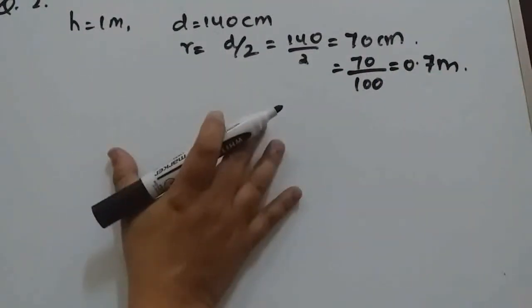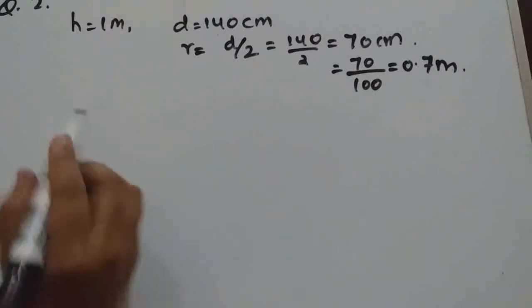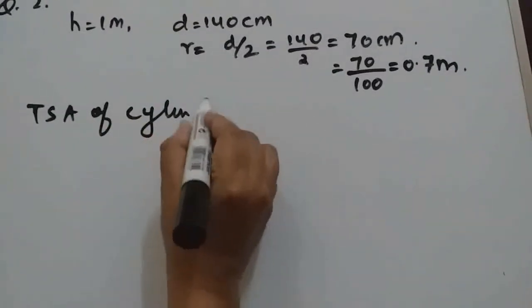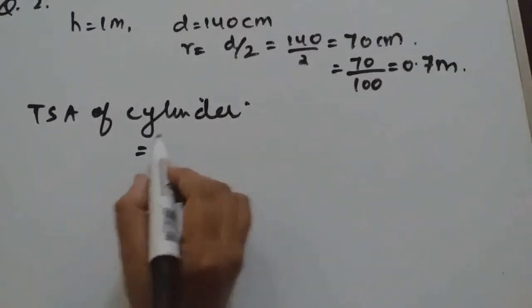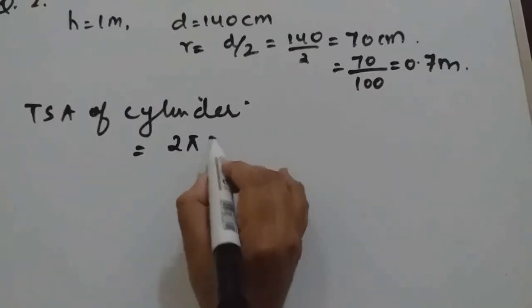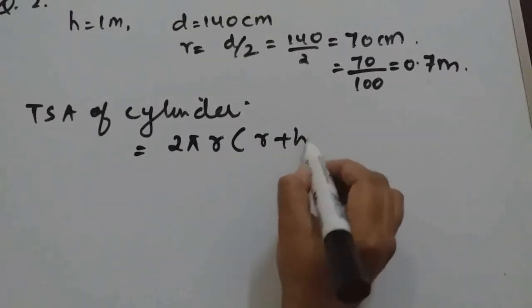Now the question is: how many square meters of sheet are required to make the cylinder? That means we need to find the total surface area of the cylinder. So we write the total surface area of the cylinder is 2πr(r + h).